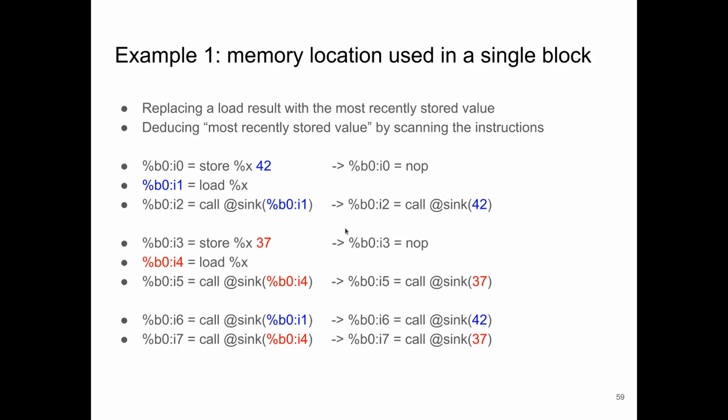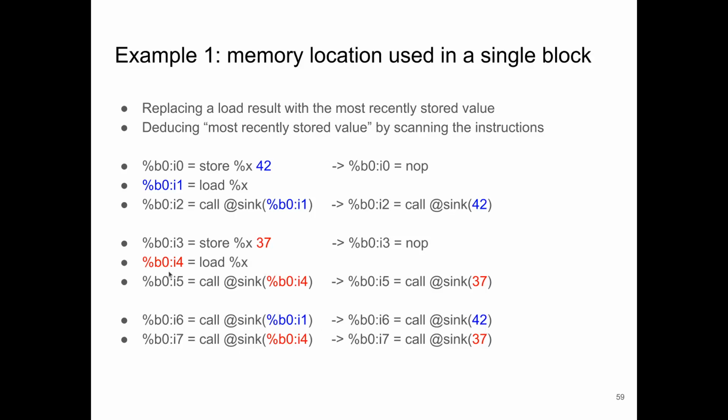And furthermore, even though the load instruction and the use of this load result are far away, so the first load is executed at I1, and we are using it at I6, and there are other stores and other loads in between, it doesn't matter. Even though they are far away, the loaded value should be replaced with 42 here.